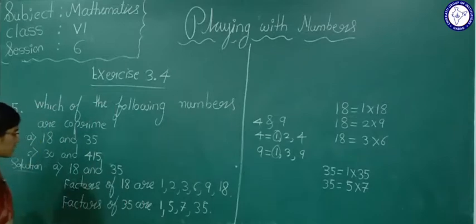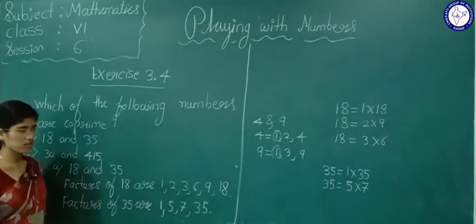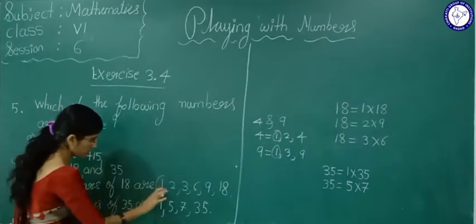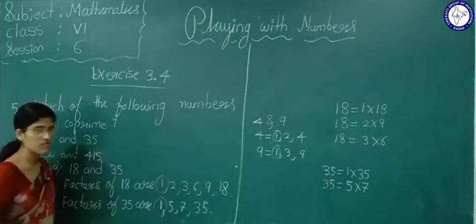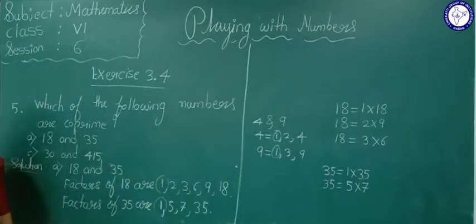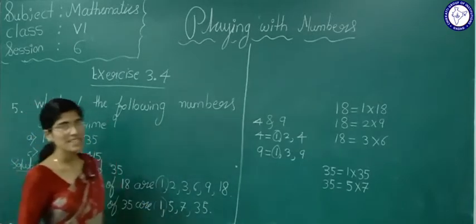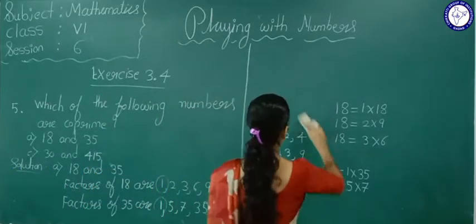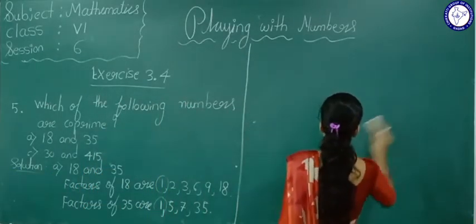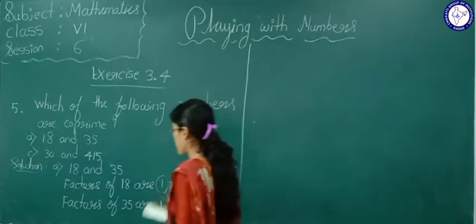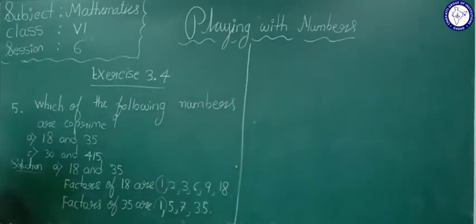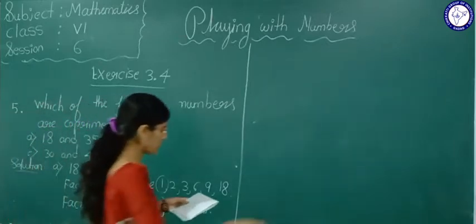Now see here, what is the common factor among these? 1. The common factor is 1. Definitely what we can tell here, 18 and 35 are co-prime numbers. Yes or no? What can we write here?